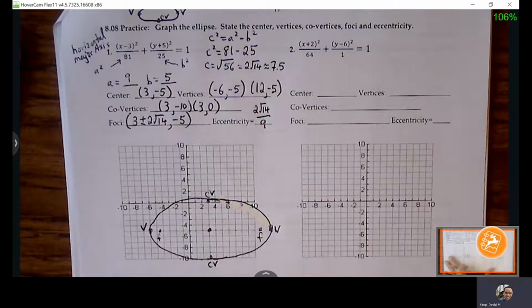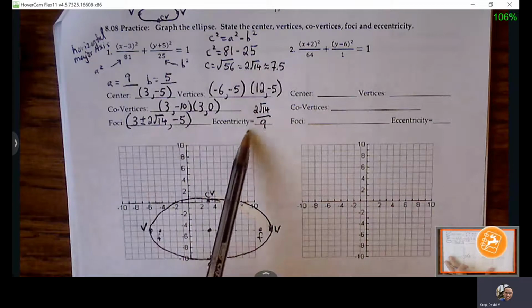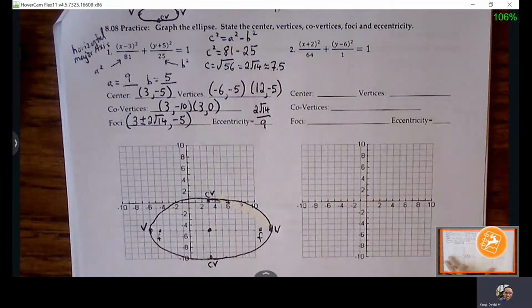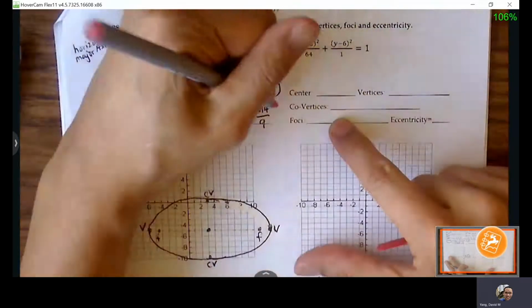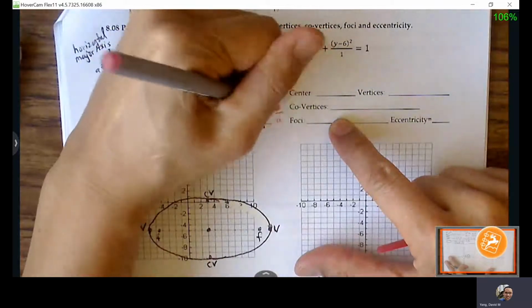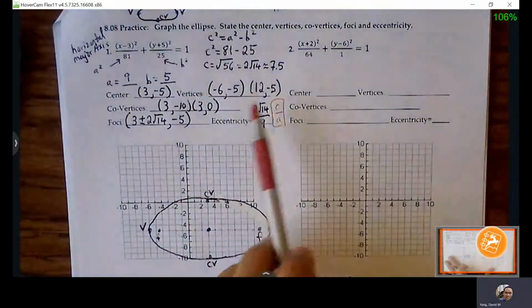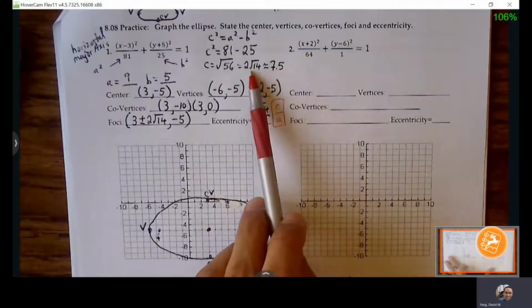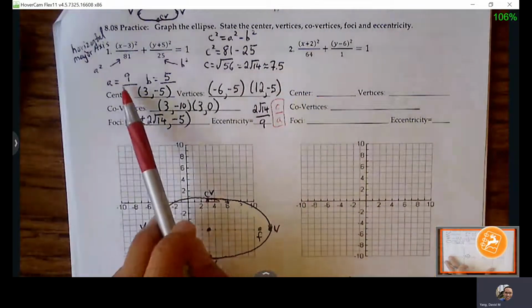Can you quickly explain how you got the eccentricity? Yeah, eccentricity is just your C over A. That's the formula for it. It's just C divided by A. So my C value is 2 root 14, and my A value is 9.